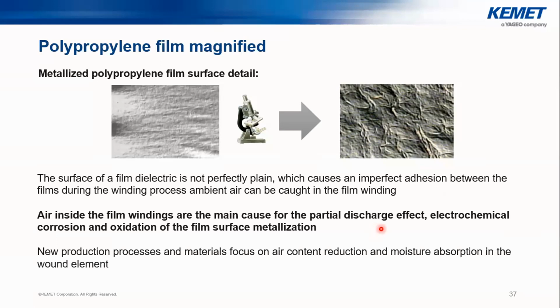But with the new production process and material, we focus mainly on air content reduction and moisture absorption in the wound element. So we are aware that these problems can exist, and we are trying with the new technologies and new design to remove the air contact as much as possible and also reduce the moisture absorption.